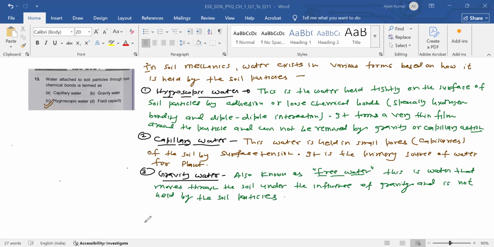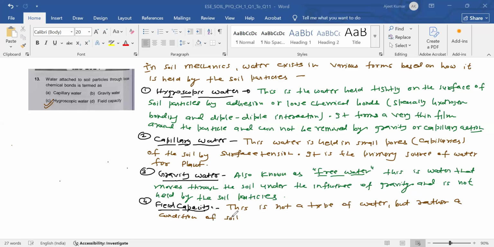Now fourth one is field capacity. This is not a type of water actually, but rather a condition of soil.